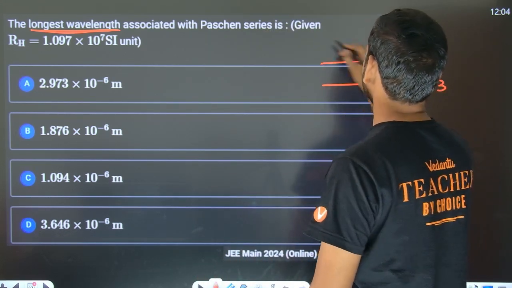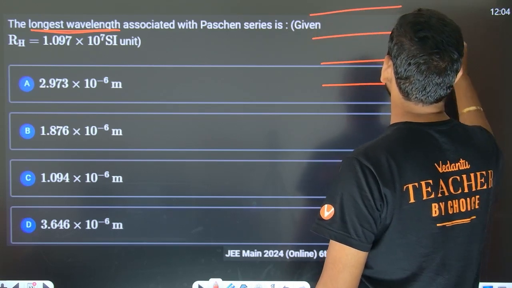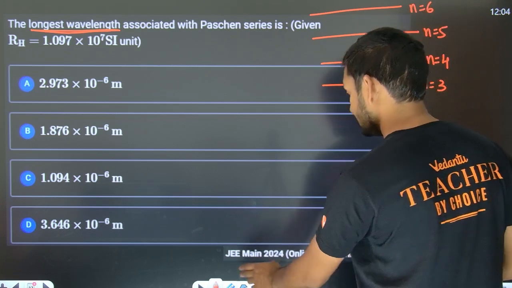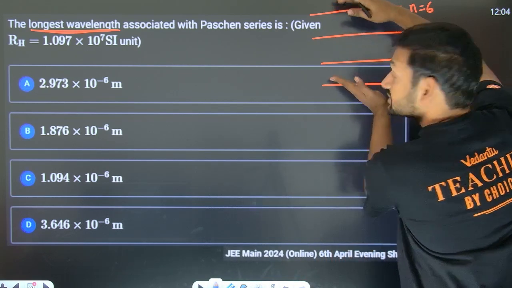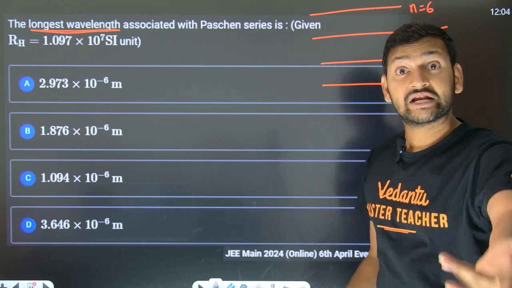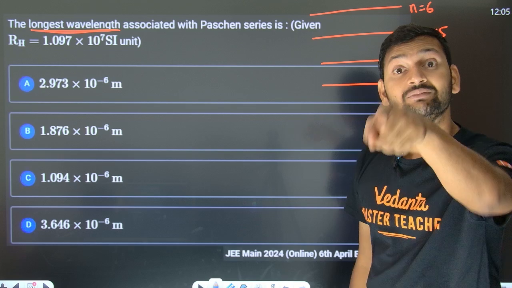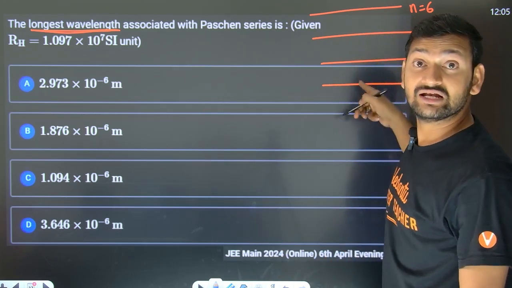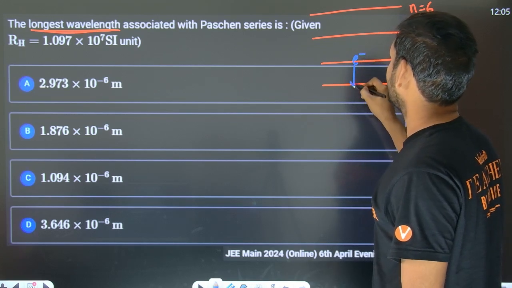So we have n equals 4, n equals 5, n equals 6. But if you go for higher energy levels and de-excitation from there, the energy gap will be more. So a more energetic photon will come out. If a more energetic photon comes out, wavelength will be less. If you want longest wavelength, the transition should be between two successive energy levels. That means the electron should jump from here to here.